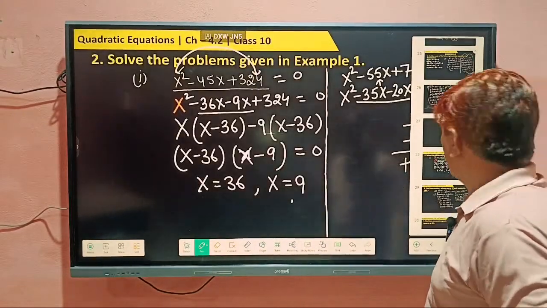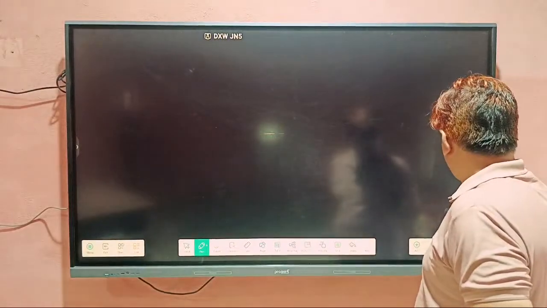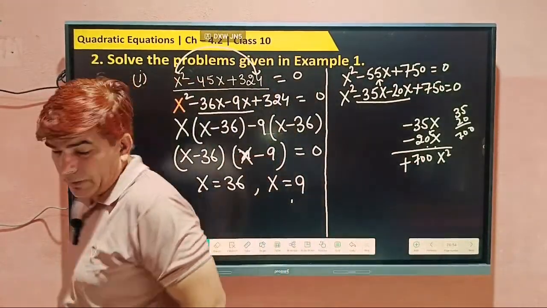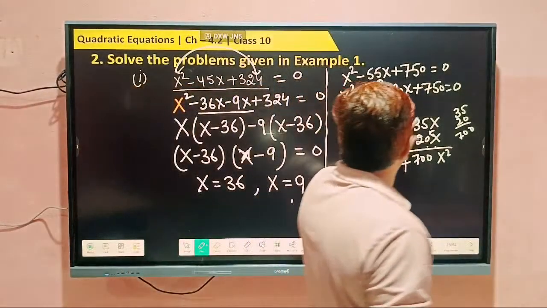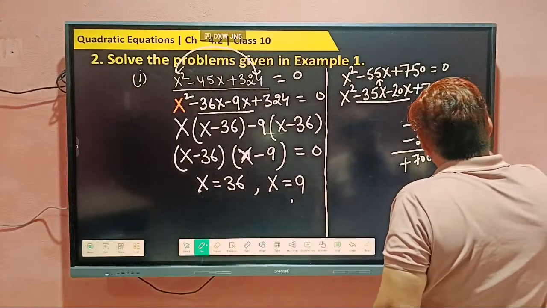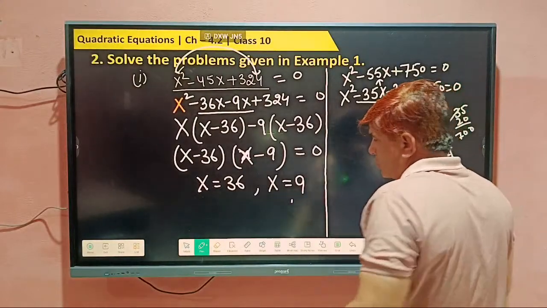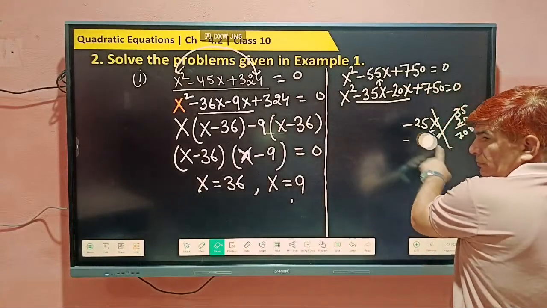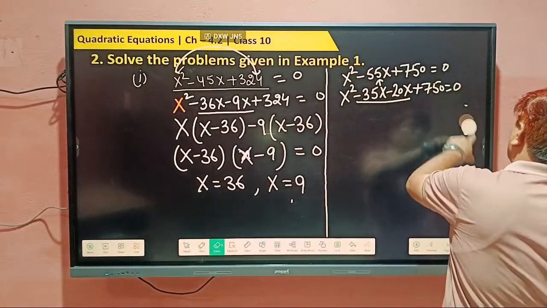So make its factors. How can you make its factors? Tell me. Here the multiplication is 700, so it means our factorization is not right. So how can you solve it?